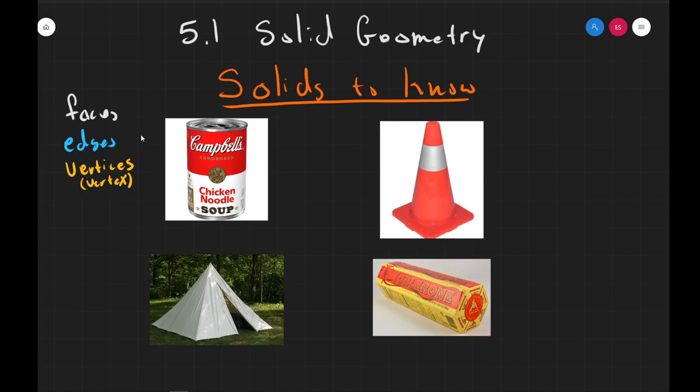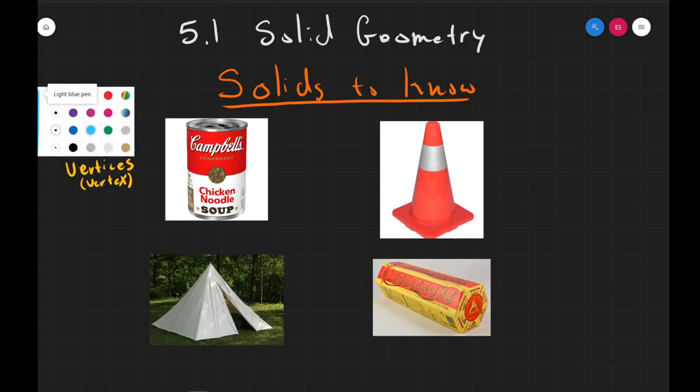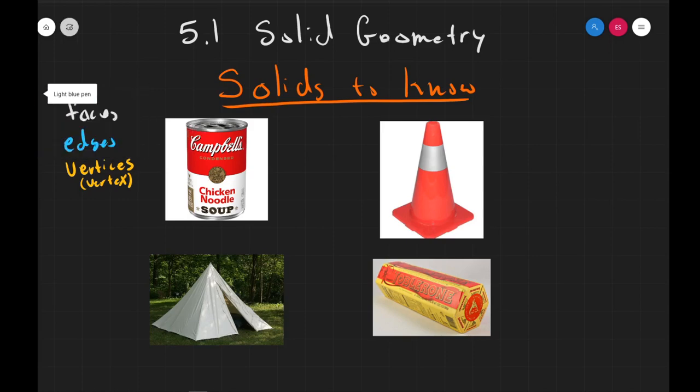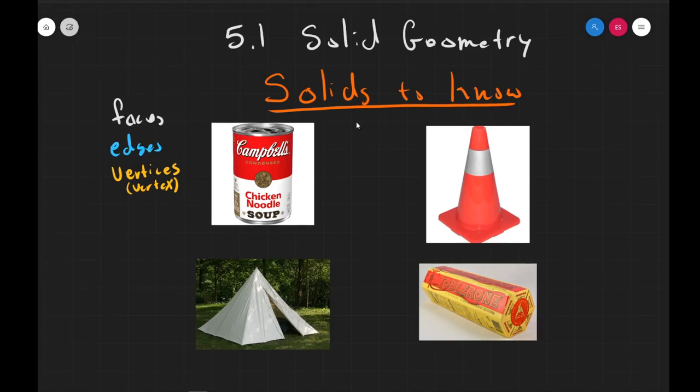Take a second, pause the video, see what you can come up with. All right, here's hopefully what you came up with. A figure that has an edge at the top, an edge at the bottom, a circular face at the top, a circular face on the bottom, and then a curved face with no vertices is a cylinder. This guy is a cylinder.